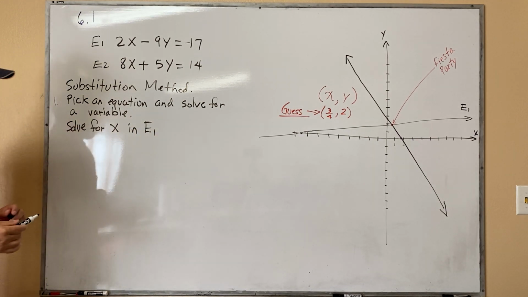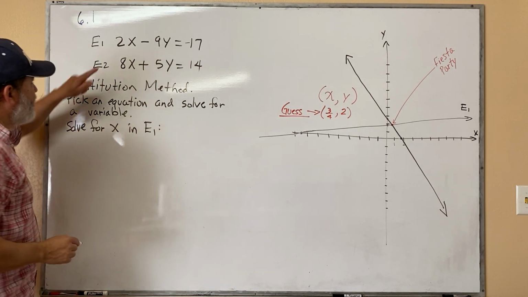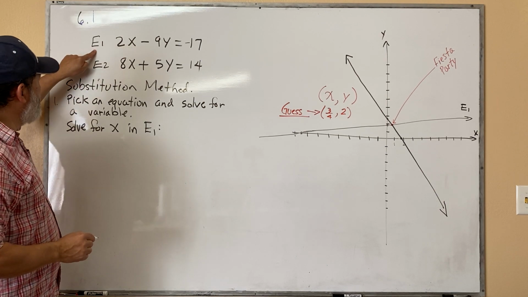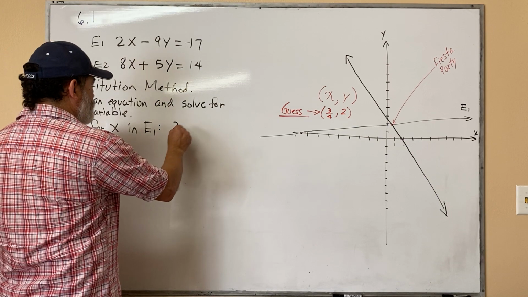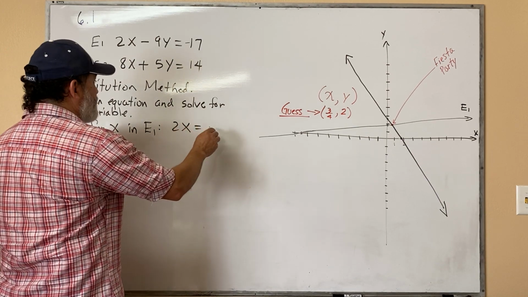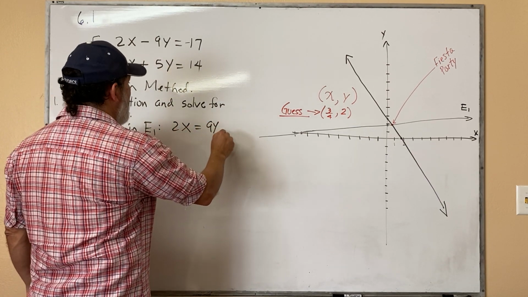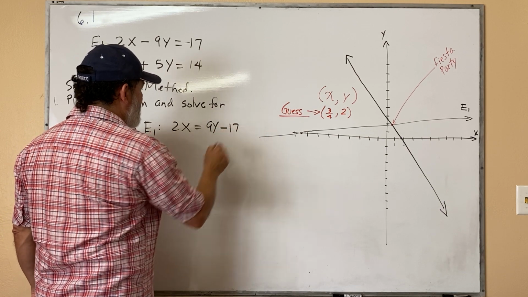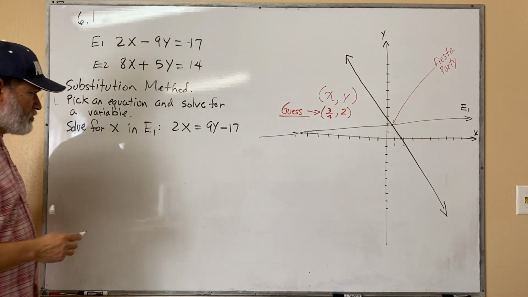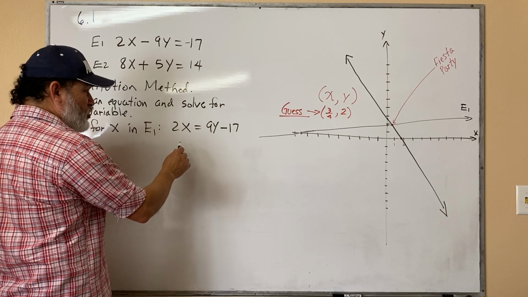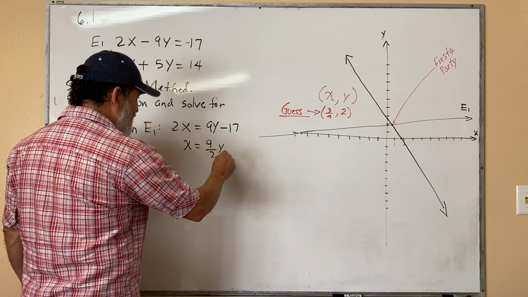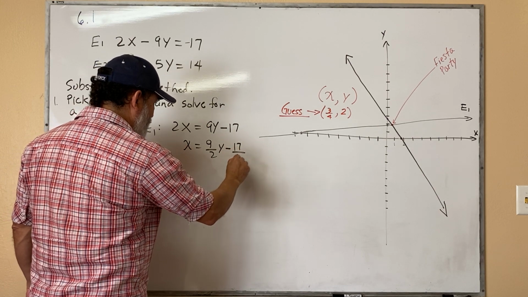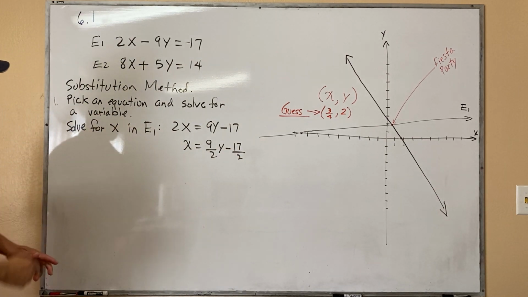Let's do that. I'm going to bring this to the right. So 2x equals 9y minus 17. Divide by 2. So x equals 9 over 2 y minus 17 over 2. That's your step number 1.